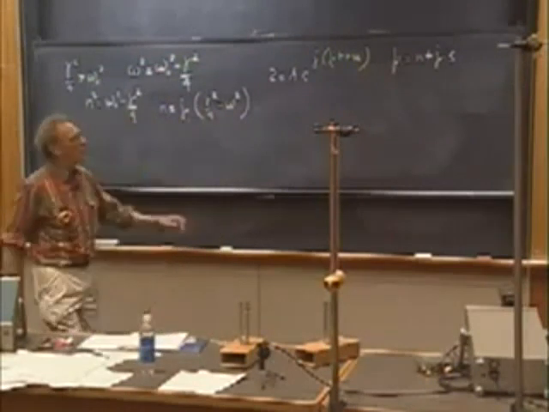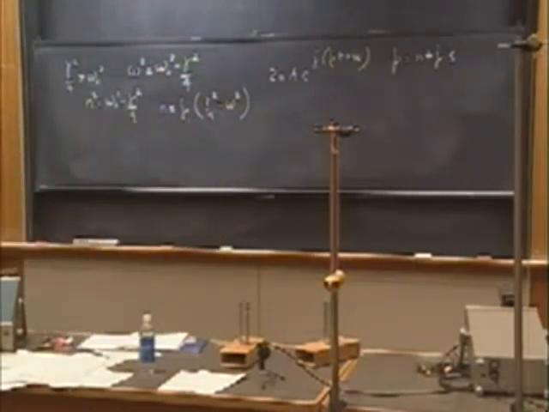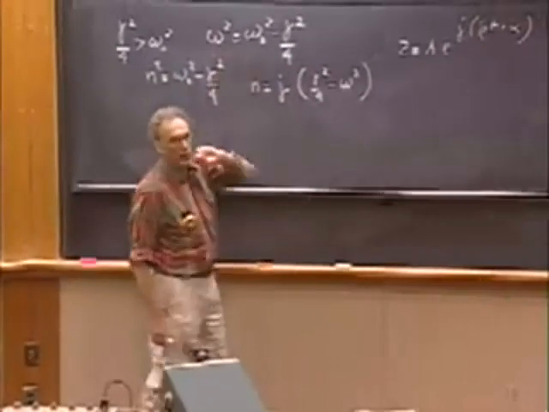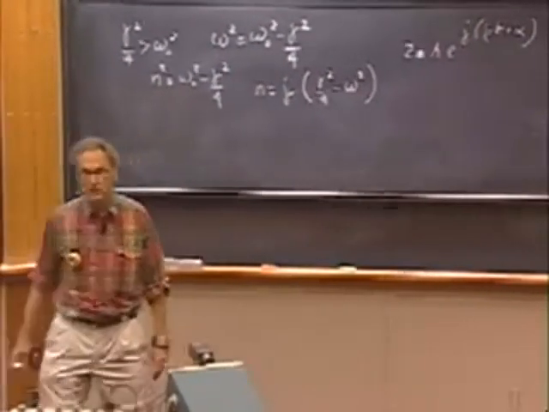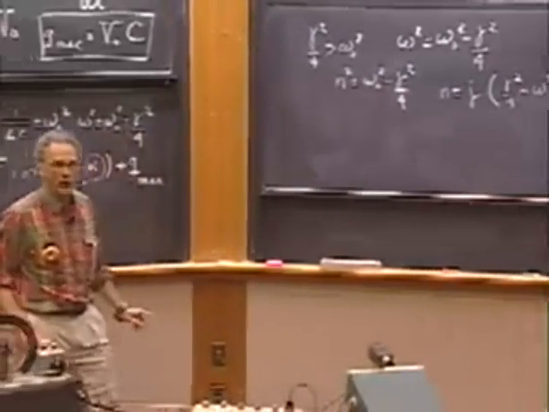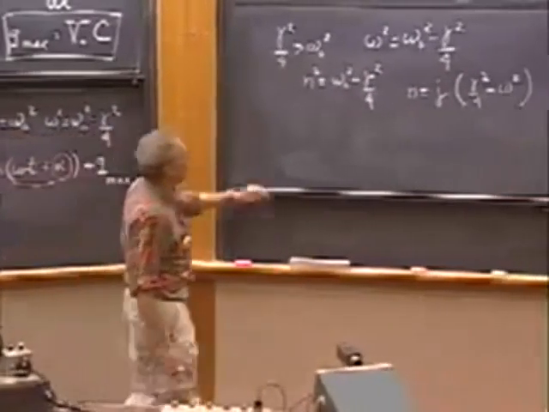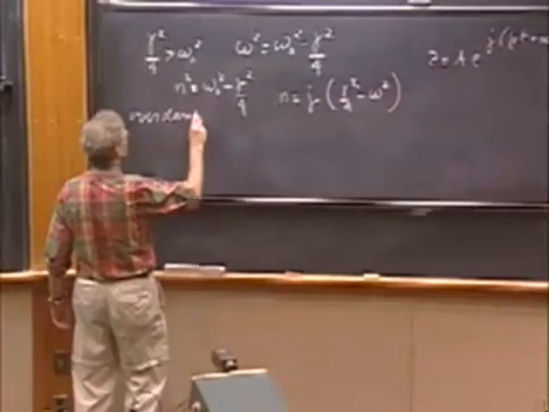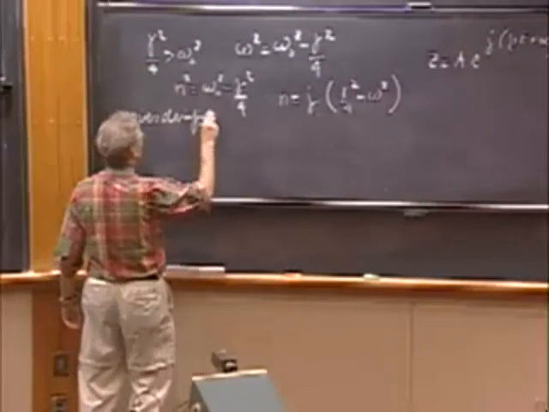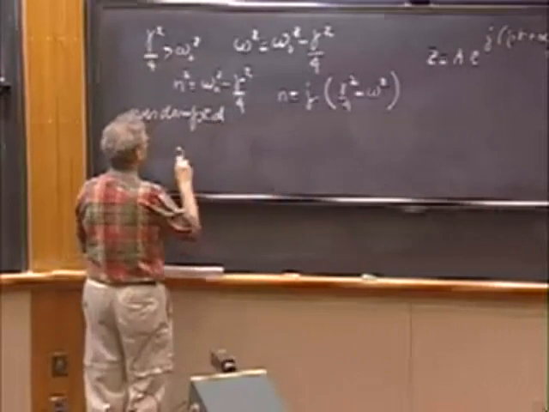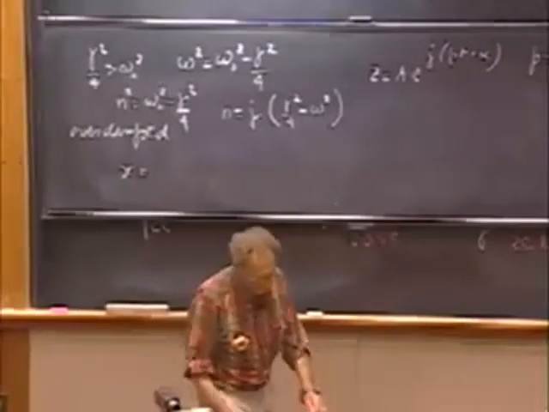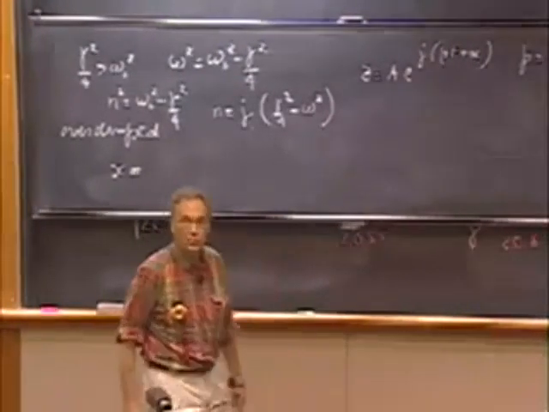We call this an overdamped system, whereas a system whereby this is positive is an underdamped system. So the examples that I have shown you are underdamped systems, and this is overdamped. And the solution that you're going to find is not at all obvious. I have no intuition for that solution.